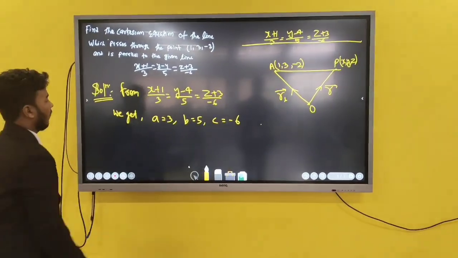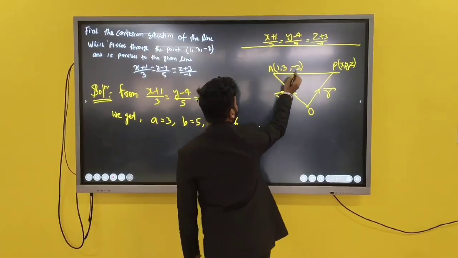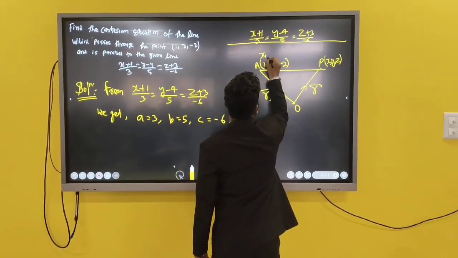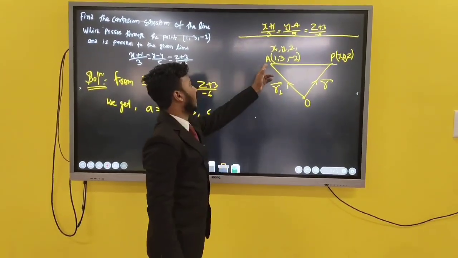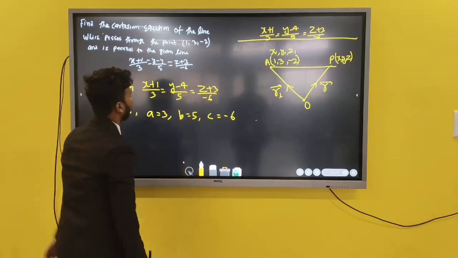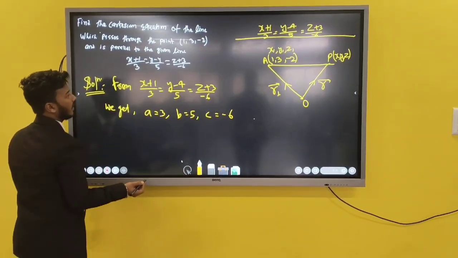Now the given point is (1, 3, -2), which gives x1, y1, z1. So now we have the values of x1, y1, z1 and the values of a, b, c. We will directly apply the Cartesian equation formula.